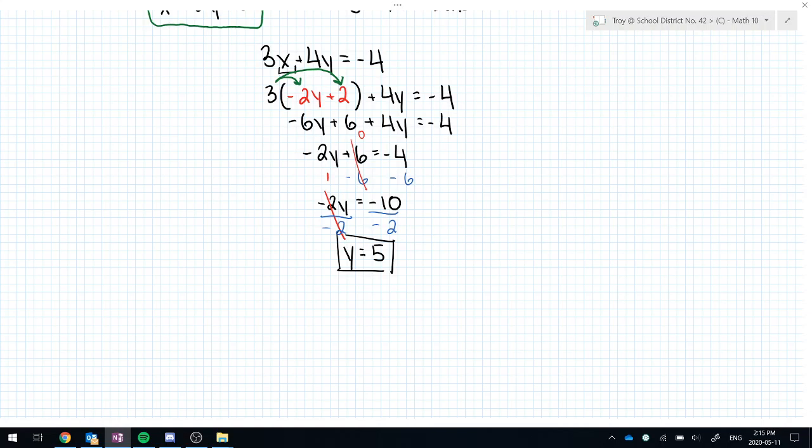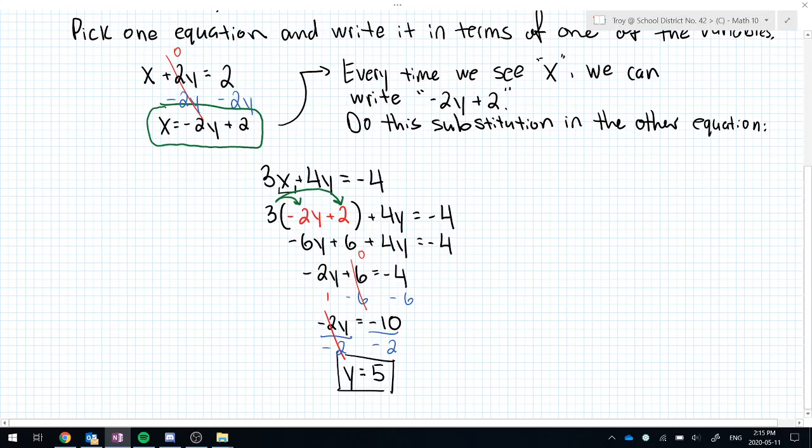So now we know what the y coordinate of the solution is going to be. Now anytime we see y, we can write 5.